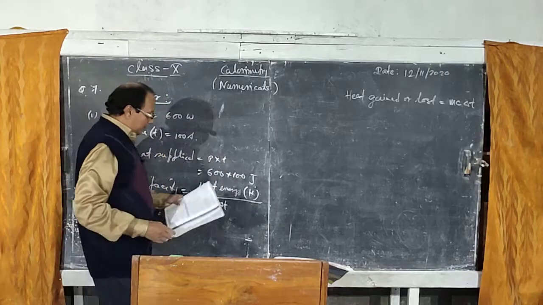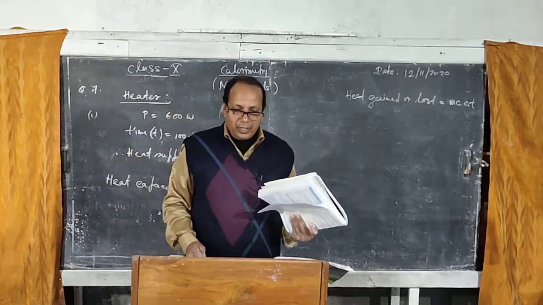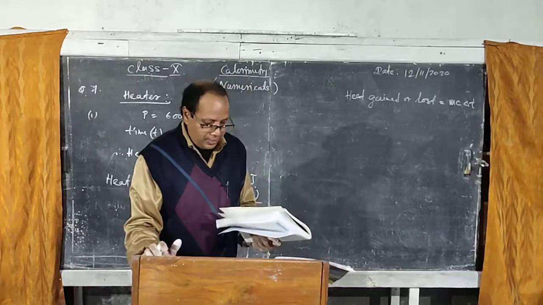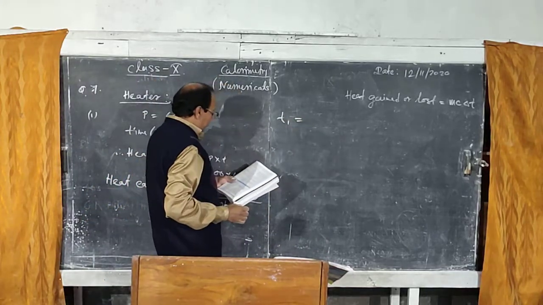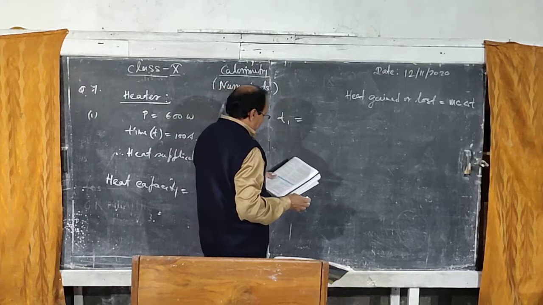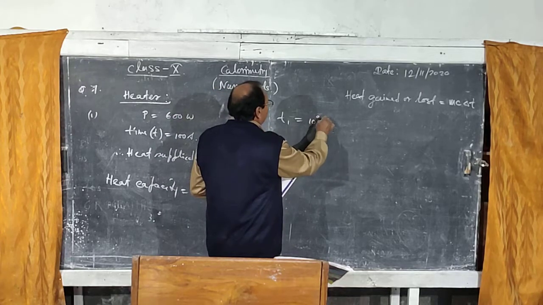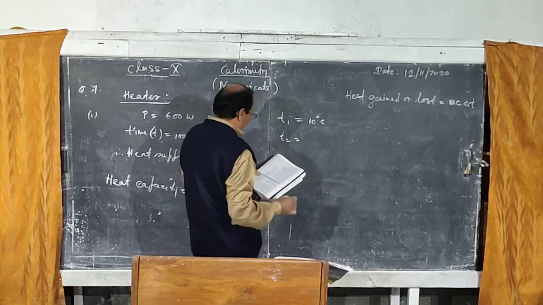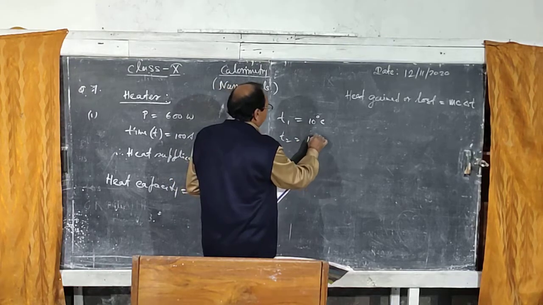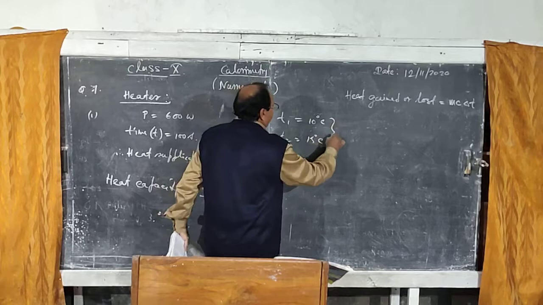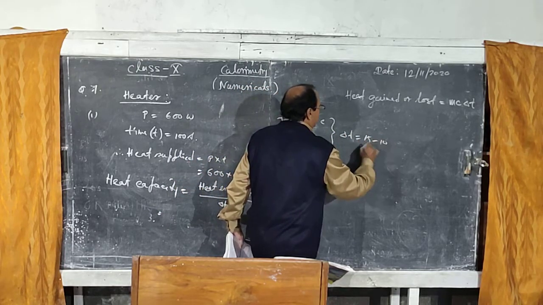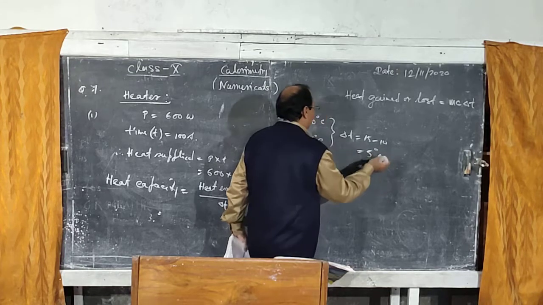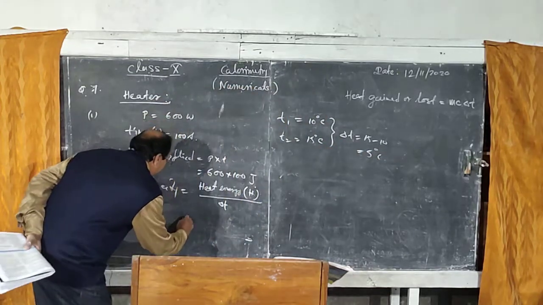We need to find ΔT also, otherwise you can't get it. So ΔT: T1 is equal to 10 degrees Celsius, T2 is equal to 15 degrees Celsius, therefore ΔT is equal to 15 minus 10, which is equal to 5 degrees Celsius. This 5 we will put here now.